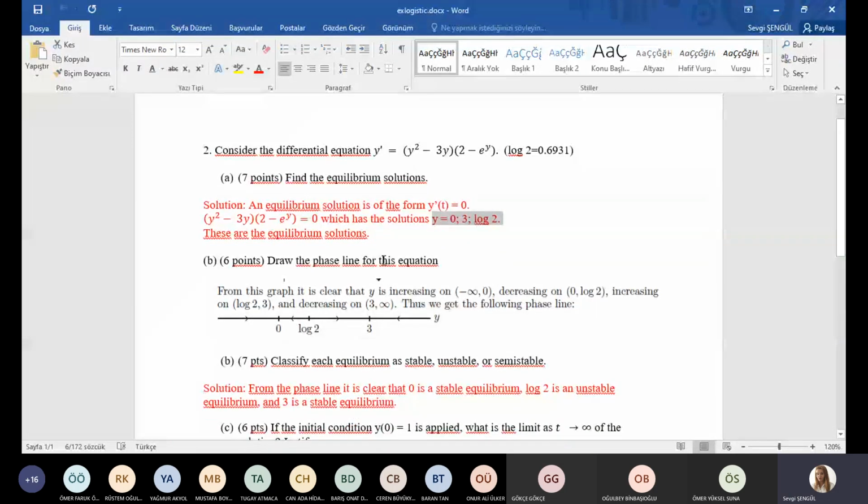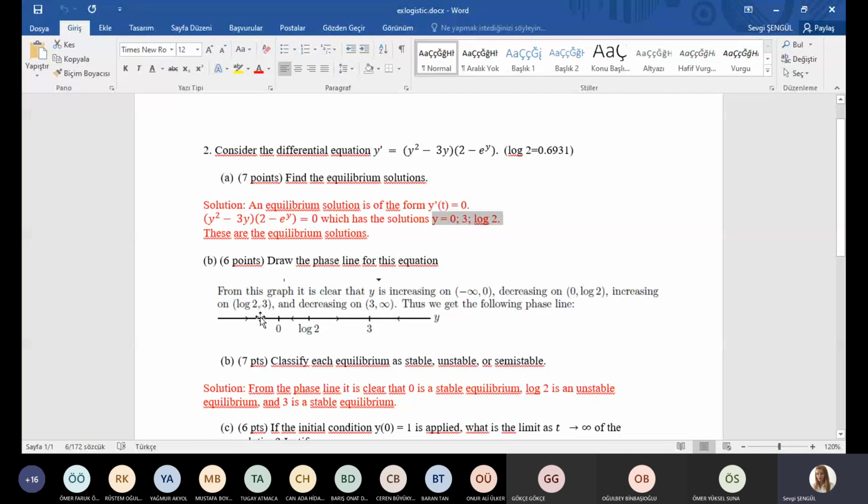Here you go. Draw the phase line. Since you have 3 equilibrium values, you need to divide the region from negative infinity to 0. ln 2 is about 0.69. So 0 to ln 2, ln 2 to 3, 3 to infinity, right? You have this region, that region, that region, and that region. For each region, you choose one value.